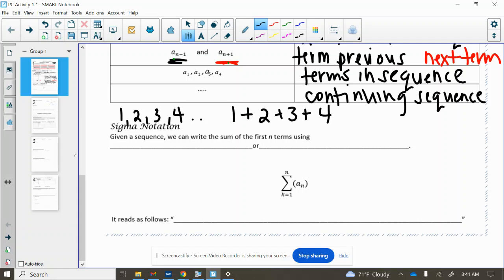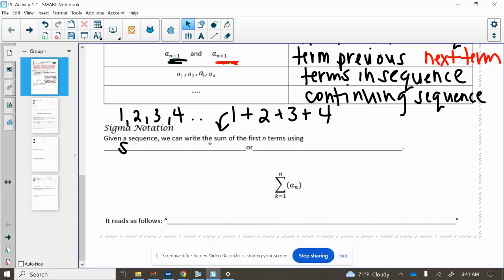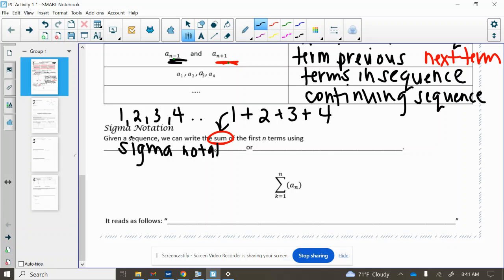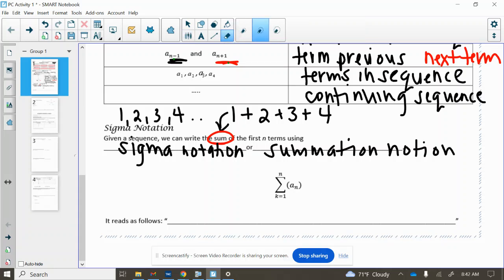So we call it sigma when we sum these together, the sum of these. You'll see it called sigma notation, or sometimes summation notation. So this looks like a big scary Greek letter.